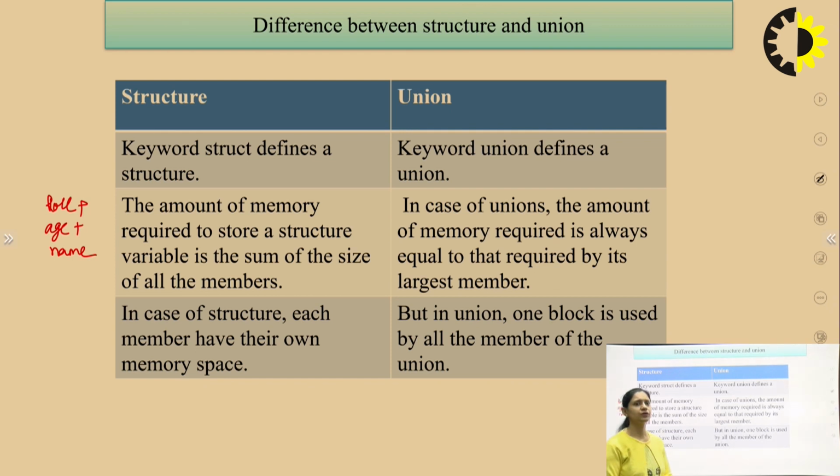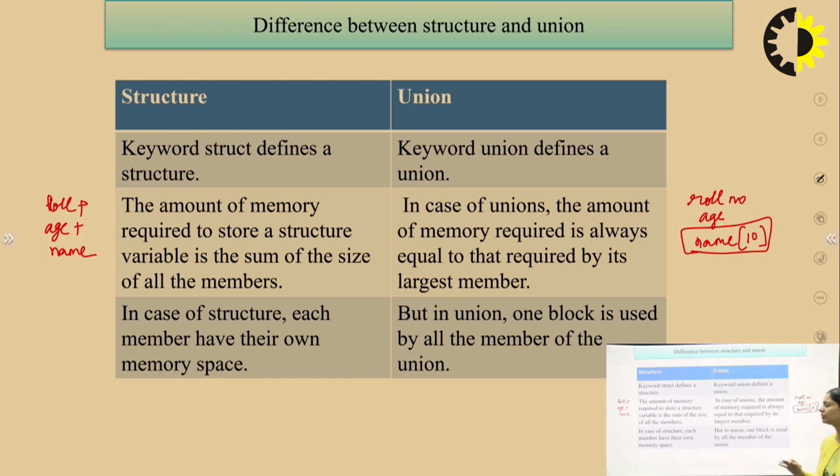But in case of unions, the amount of memory required is always equal to that required by its largest member. As we have seen over there, we had the roll number, the age, and the name that was taking the memory of 10 bytes. Because this is the variable taking the largest memory, all these variables will share that memory space.